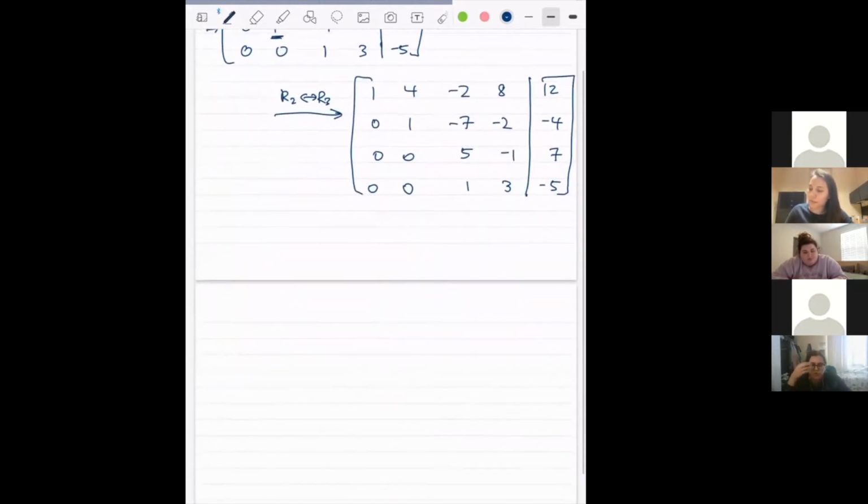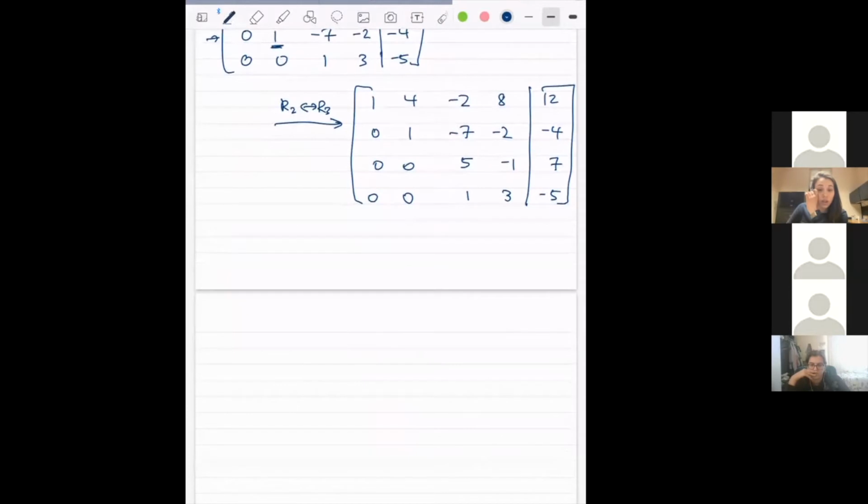Great. Okay, so what we want to do next is we have a leading entry right here, and we want zeros underneath it. There's only one row below it. Let me just do this in a different color. We want this to be 0, okay?